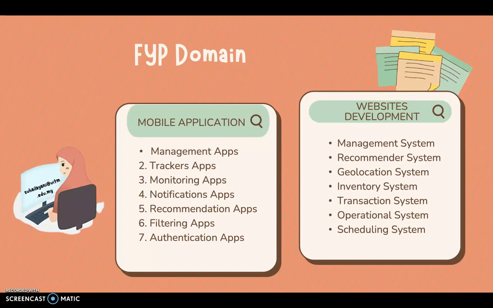And if you want to add more intelligence inside the mobile apps, it can be enhanced into a recommendation app. For example, you are developing a mobile app to recommend a meal plan for a certain patient, for example a diabetic patient, who will have a certain meal that he or she can consume every day. So you can have this recommendation app as your domain.